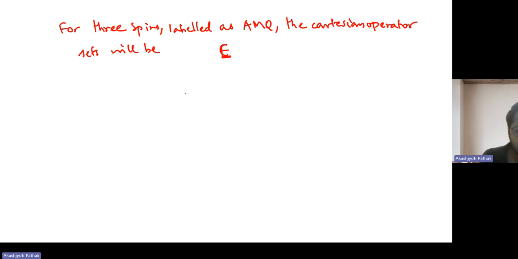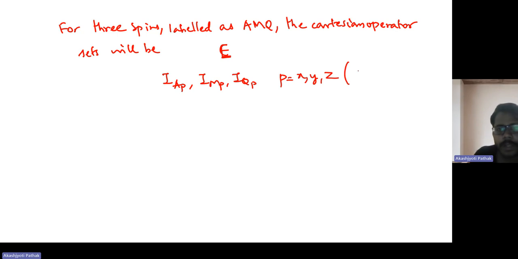This will be I_AP, I_MP, I_QP for P equal to X, Y, and Z. That is a total of 9 operators.